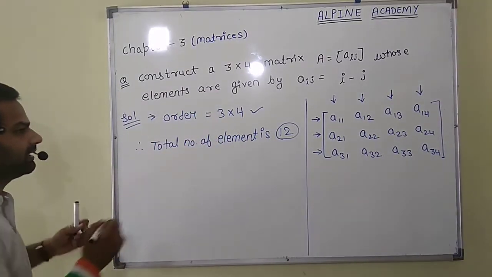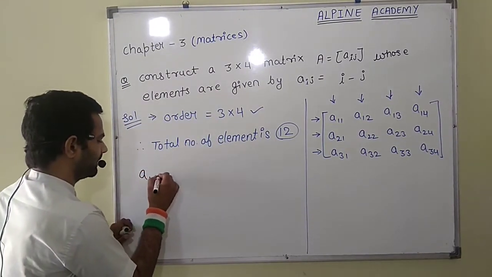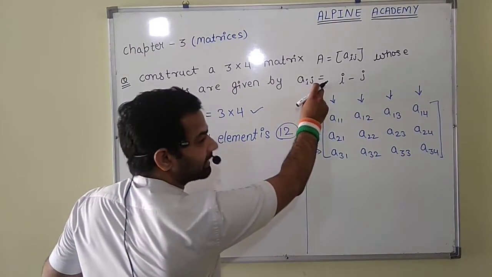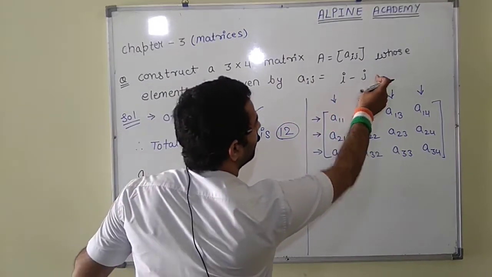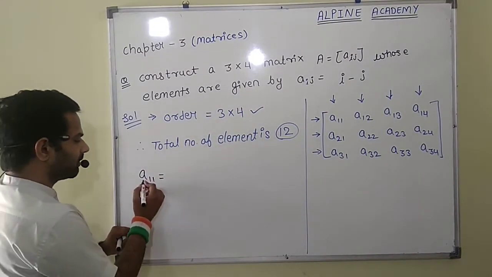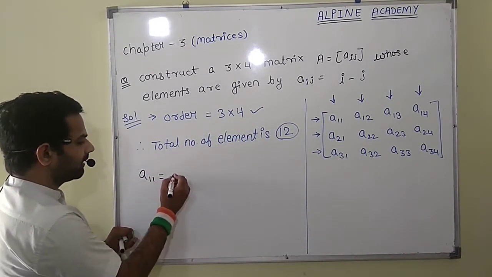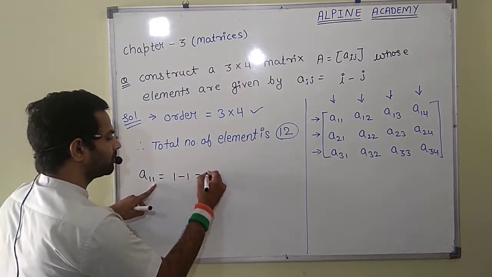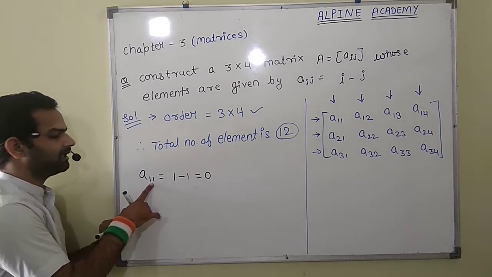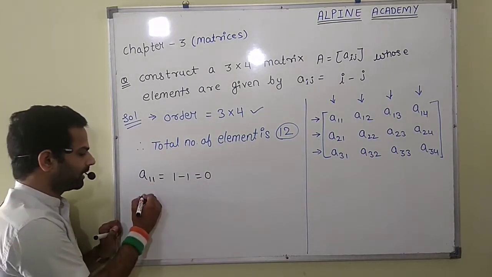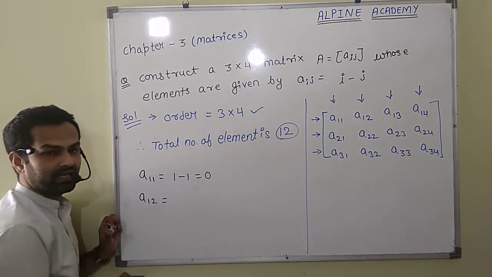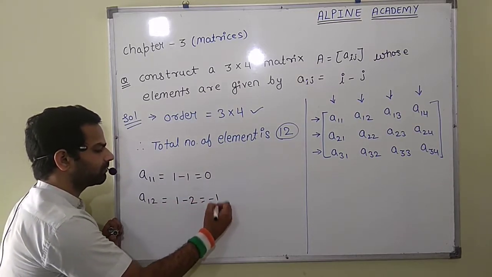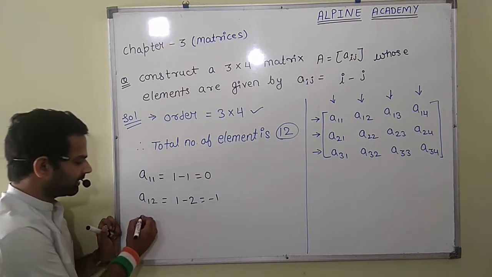So let us find the value of a11. By the definition, aij is equal to i minus j. For a11, the value of i is 1 and the value of j is also 1. So 1 minus 1 is equal to 0. So the first element of the first row is 0. Now a12: the value of i is 1 and j is 2, so the element is minus 1.